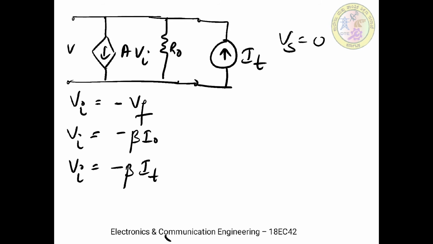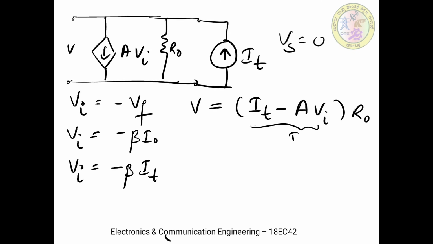Now we will write one equation for V by referring to this equivalent circuit. So V here can be given as IT minus A into Vi, into R0, because V is equal to I into R. So this is the I part and this is the R0 part.